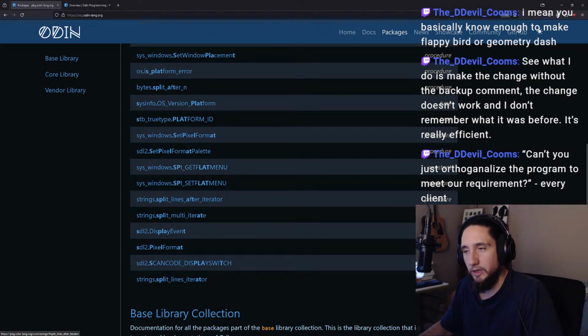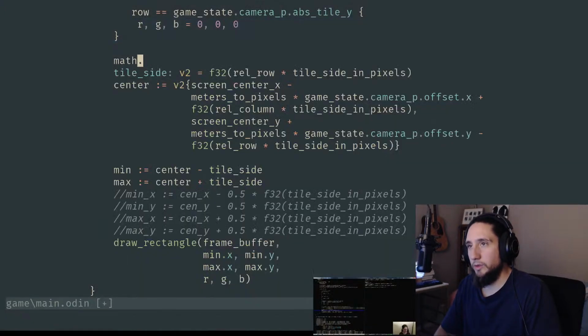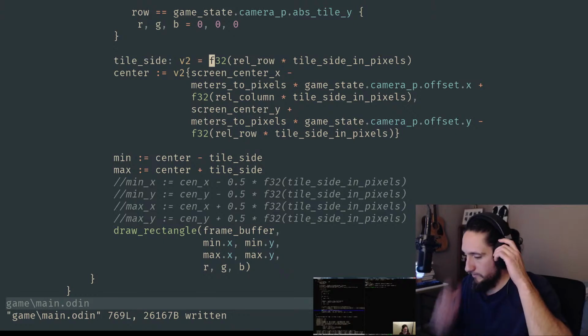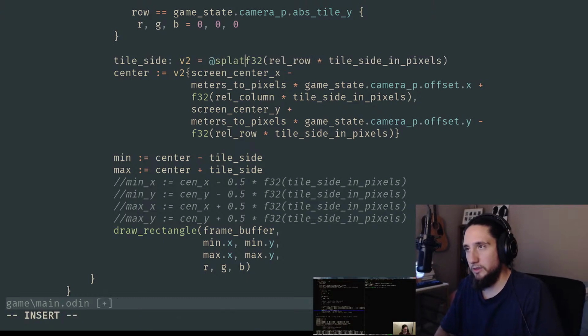I bet there's an answer on the Discord, but all I was looking for is something that can let me, because Odin is doing something rather implicit, which is very much not how Zig works, right? Everything is so explicit in Zig, and they do have a splat built in for vectors, and on my vector classes, like on my vec2, I would call splat here, right?